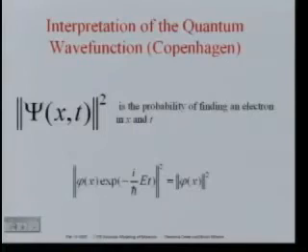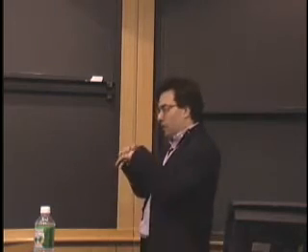And so the square modulus of the wave function amplitude at a certain x and a certain t gives me the physical probability of finding an electron. That means that if I have the wave function of an electron, I can take at every point in space the square modulus of its amplitude, and so what I have now is a probability distribution.